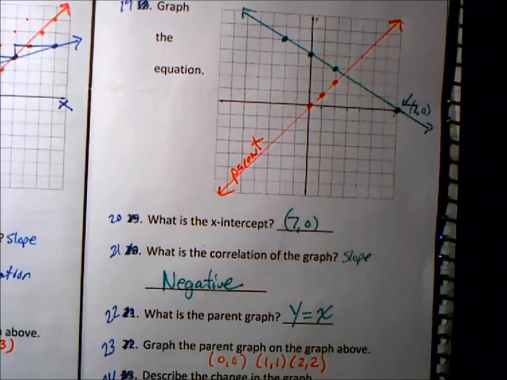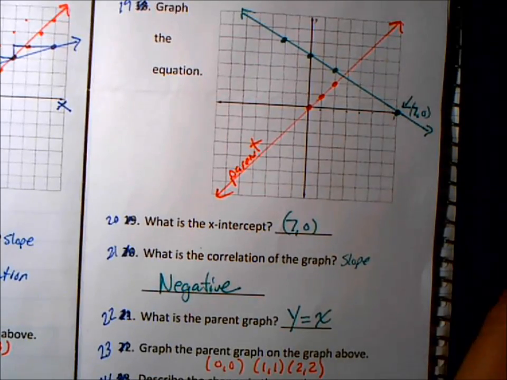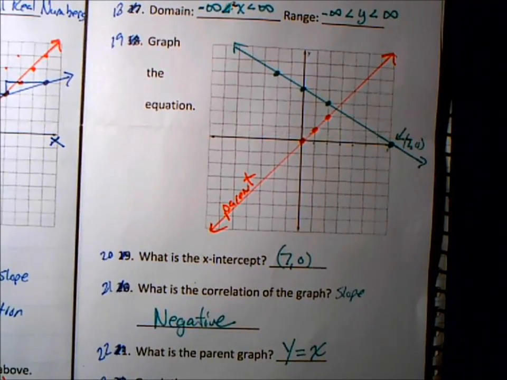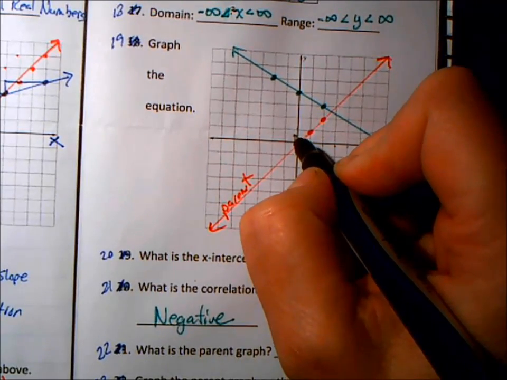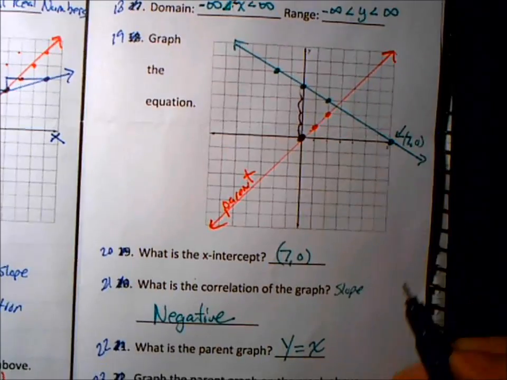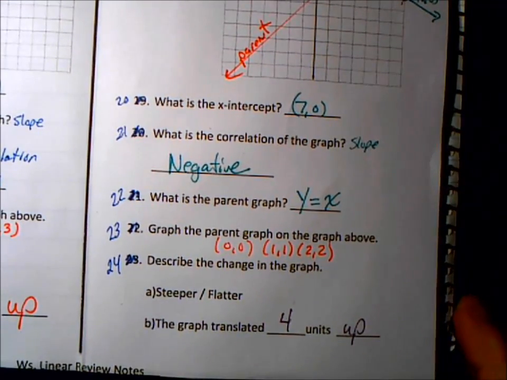Now they want me to describe the change. Well, this one's a little difficult because if I'm actually looking at this line, it's going the wrong direction. It makes it a little difficult to see. I can tell how it translates straightforward because I'm looking here. It appears that it goes 1, 2, 3, 4 units up. I can tell that straight out.